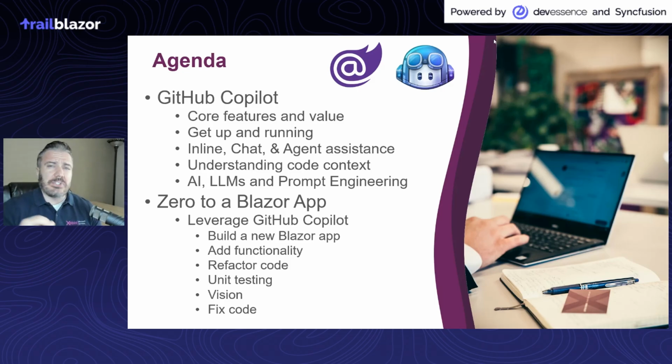It's key to understand that because it will help you when you're building, whether it's Blazor apps or any technology stack that you're working with, to understand how to use it correctly so that it doesn't feel like an unuseful tool. We'll talk more about that, and then get into actually building a Blazor application, and then adding functionality, refactoring and testing, and stretching out the tool as much as we can within the time we have allotted. So without further ado, let's set the stage about GitHub Copilot.